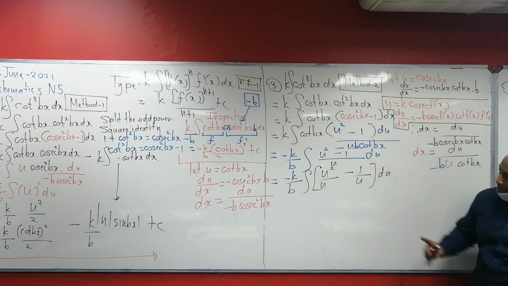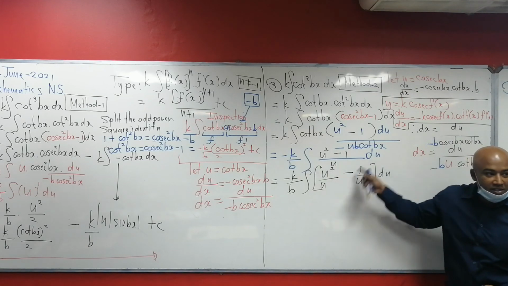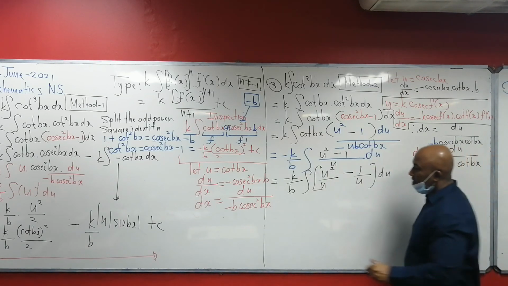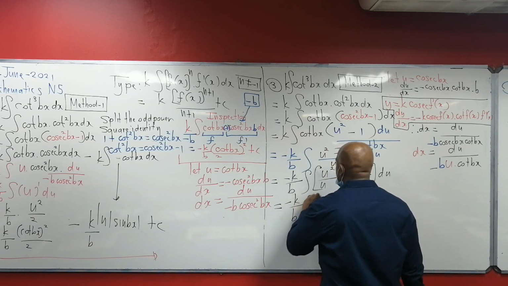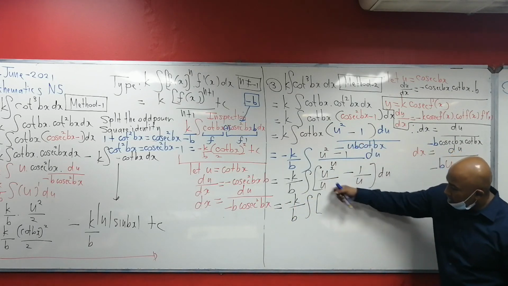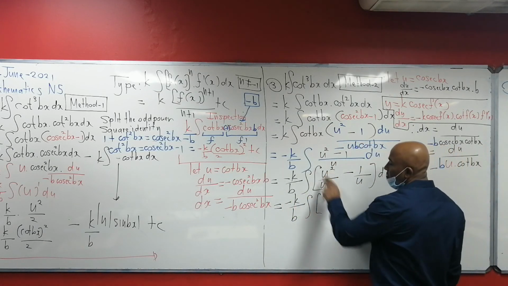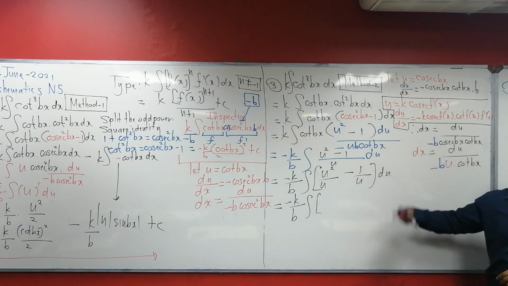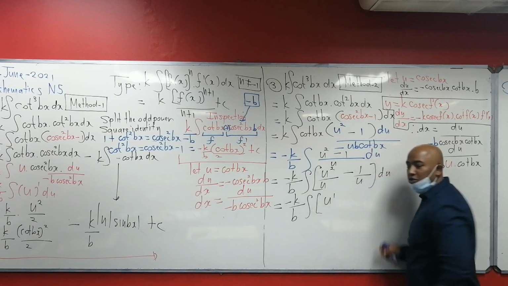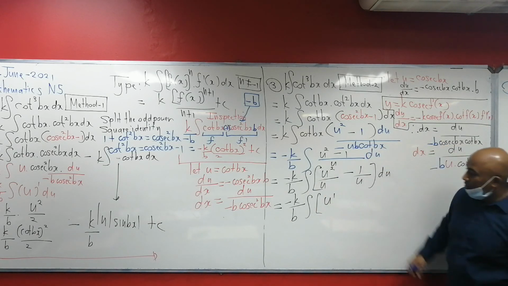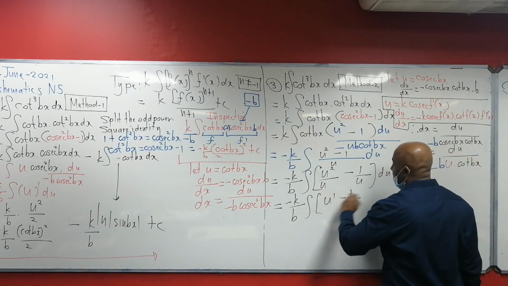I'm separating them because this is not in any standard form that we can integrate. So that's going to be minus k over b, and then u squared divided by u. Exponent laws, when you are dividing and the bases are the same, write down the base once, subtract the exponents: 2 minus 1 is 1. So that's u to the power 1. 1 over u, you leave it as 1 over u.